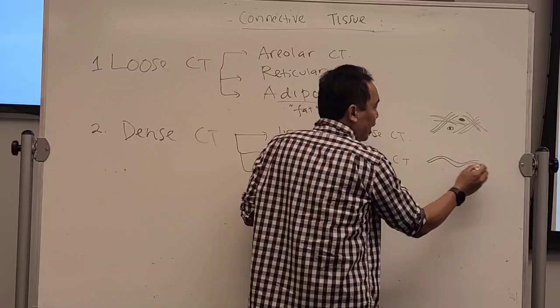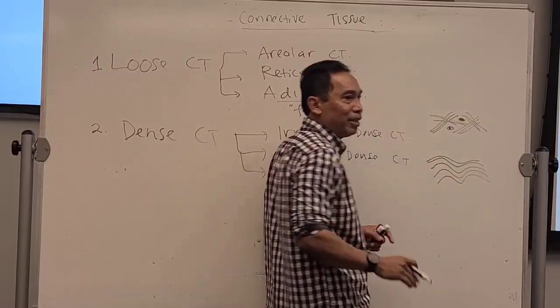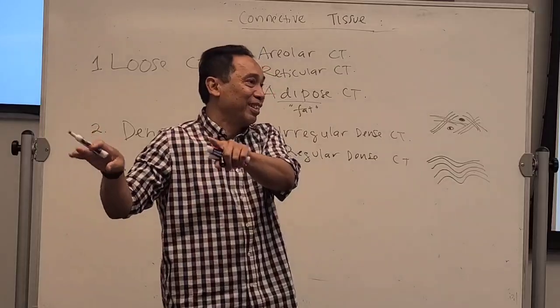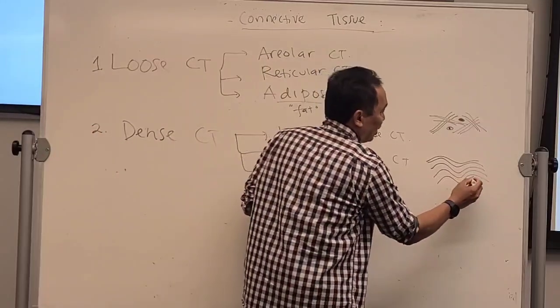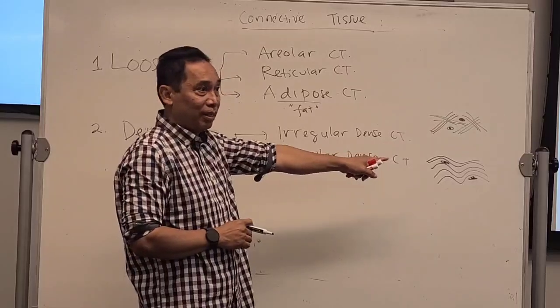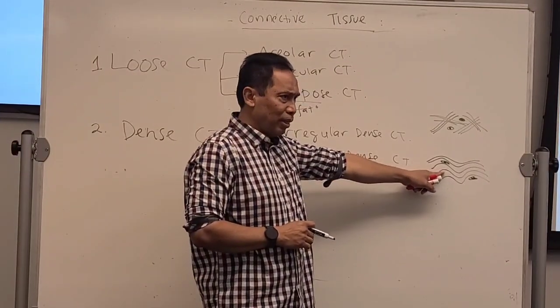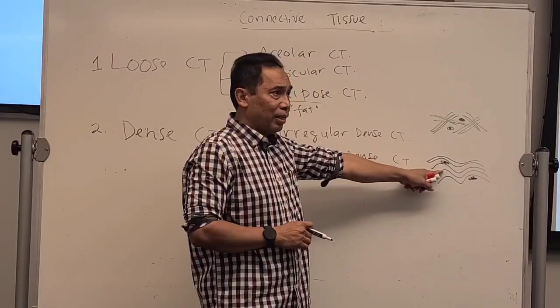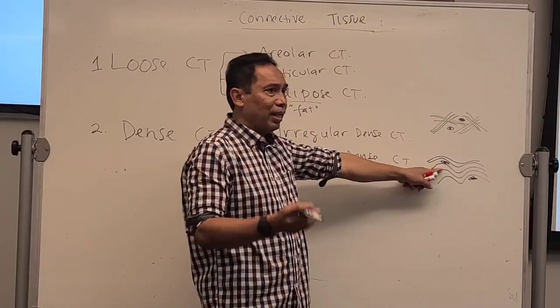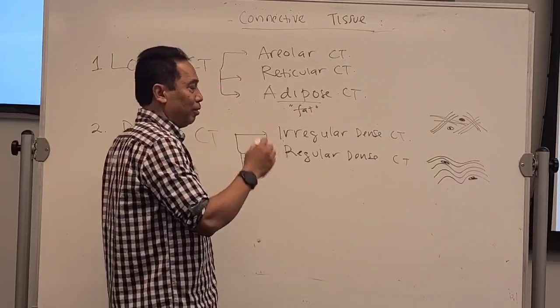The fibers are arranged regularly one after another. Maybe you have a cell over here, another cell over here. That's regular. An example of regular dense connective tissue is our tendon. Tendon is connective tissue that connects bone to bone. Okay? So we have dense, regular.